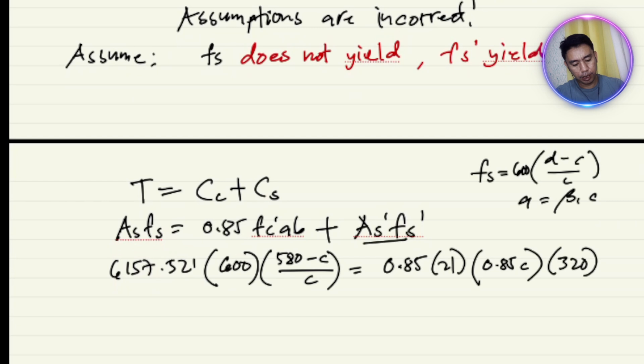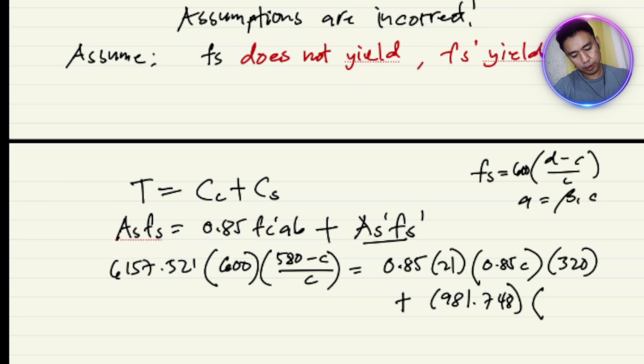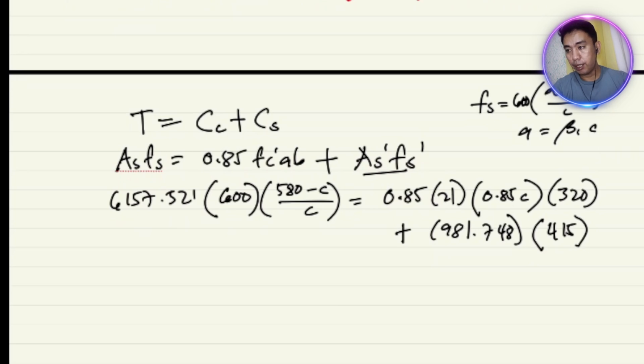Plus, As prime natin, meron tayong 981.748 times, tingnan nyo yung Fs prime yield. So, this is automatically 415. Right? So, dito naman yung c. And from there, we can solve c.